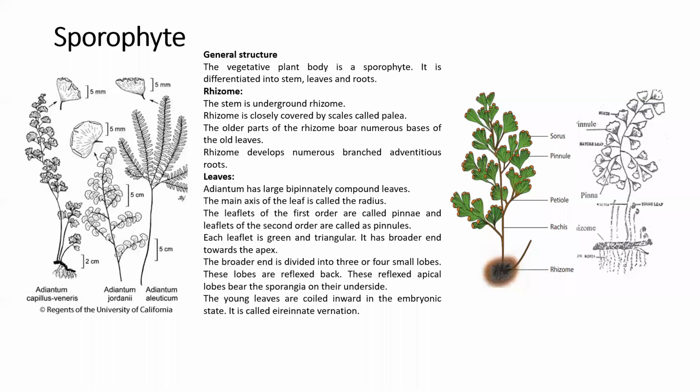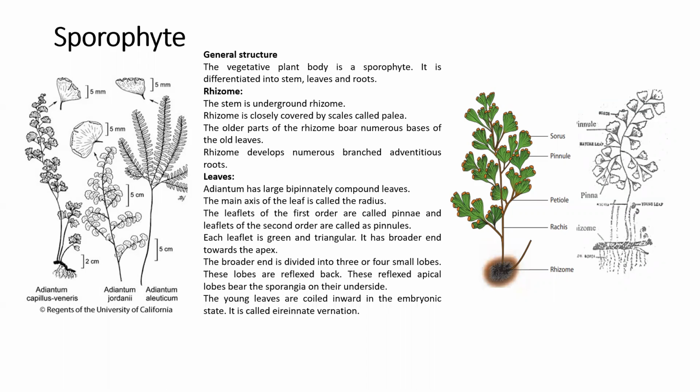And these rhizomes are developed from a single apical cell that cuts off derivatives that develop into various cells of the tissue. So this is the structure of the rhizomes, and rhizome is an underground part. Basically, it's an extension of a stem in creeping form, and it is covered by scale-like or sheath-like structure that is known as palea.